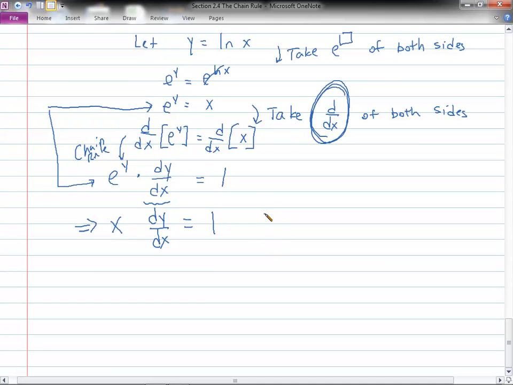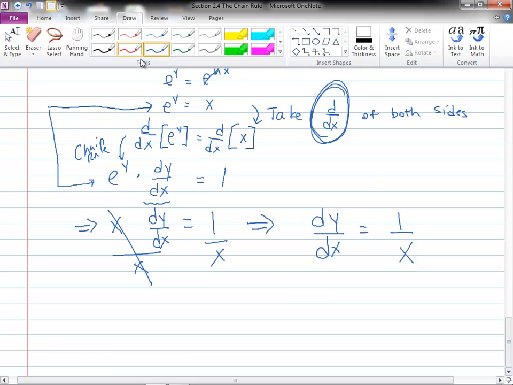All right? So if I wanted to solve for dy dx, what can I do to this equation? Divide both sides by x. Boom, I have the derivative of y with respect to x is 1 over x. In other words, if y is the natural log of x, the derivative of y is 1 over x.